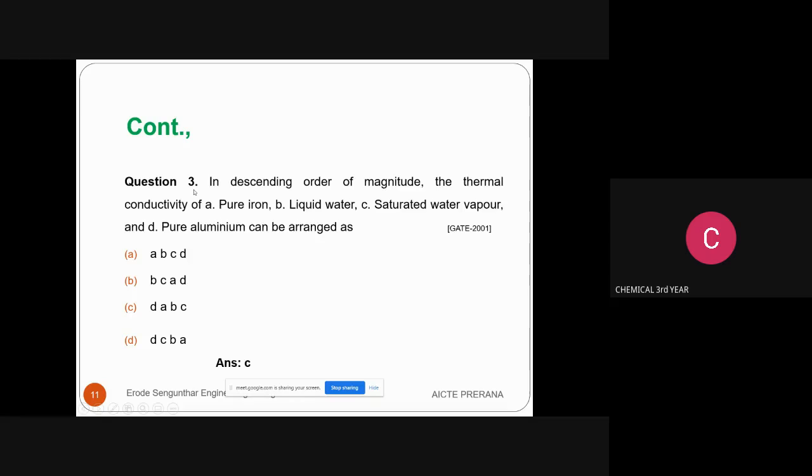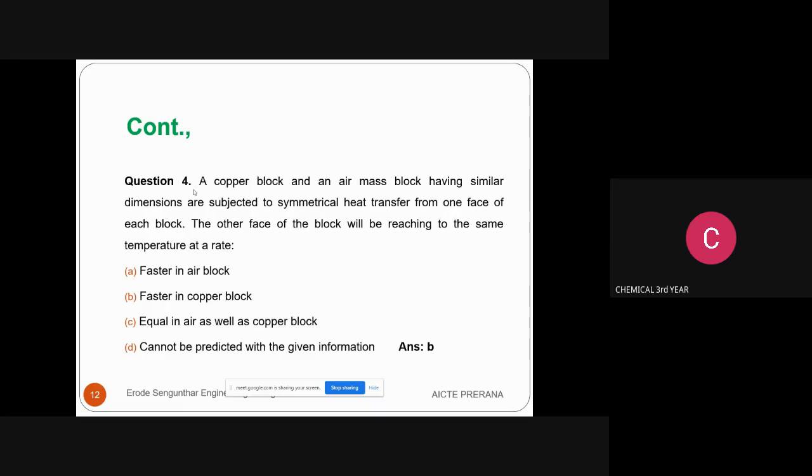Clear. Then we are moving into the fourth question. A copper block and an air mass block having similar dimensions are subjected to a symmetrical heat transfer from one phase to the other in each block. The other phase of the block will be reaching the same temperature at a rate. The first one is the copper block, right? And air.